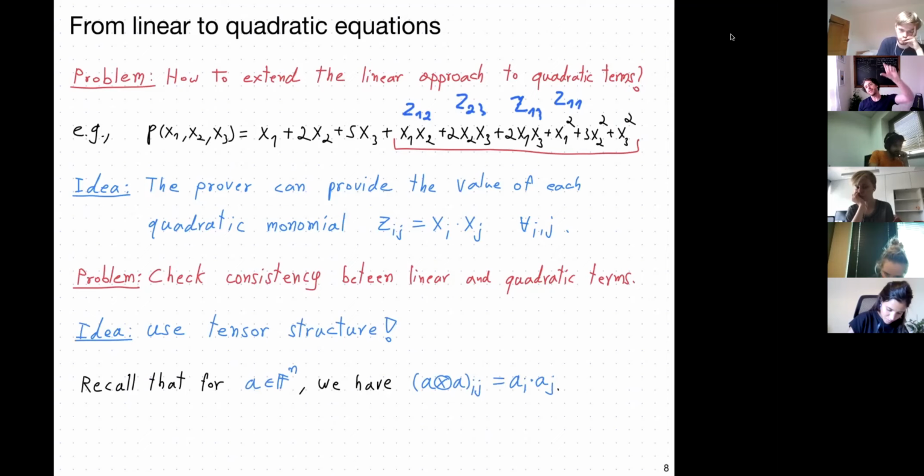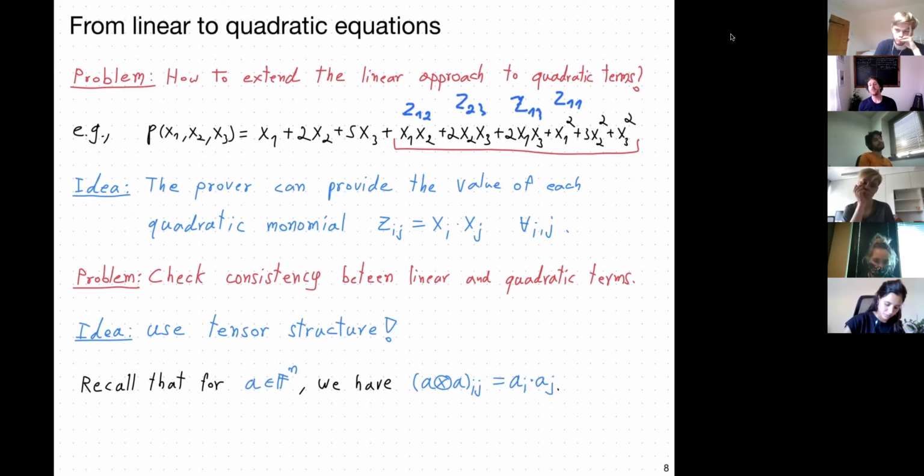You take a vector and replace each one of its entries by the vector multiplied by that term. If you take A and its tensor product with itself, you get an n by n matrix whose ij element is exactly a_i times a_j.